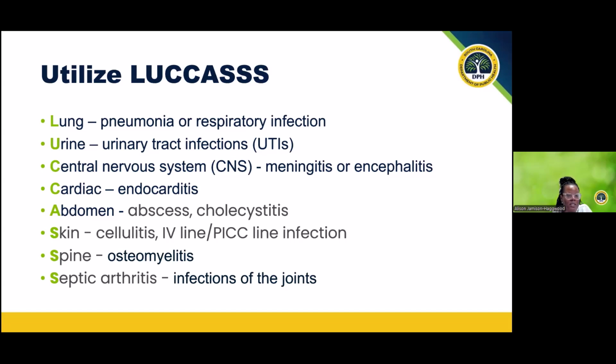So for lungs, they may have pneumonia or a respiratory infection, and urine, UTIs, for the CNS, meningitis or encephalitis, endocarditis for the cardiac, or abscesses, cellulitis, and then if they have an IV or any type of line, a PICC line, assess those and ensure that they're not inflamed or looking like they're infected.